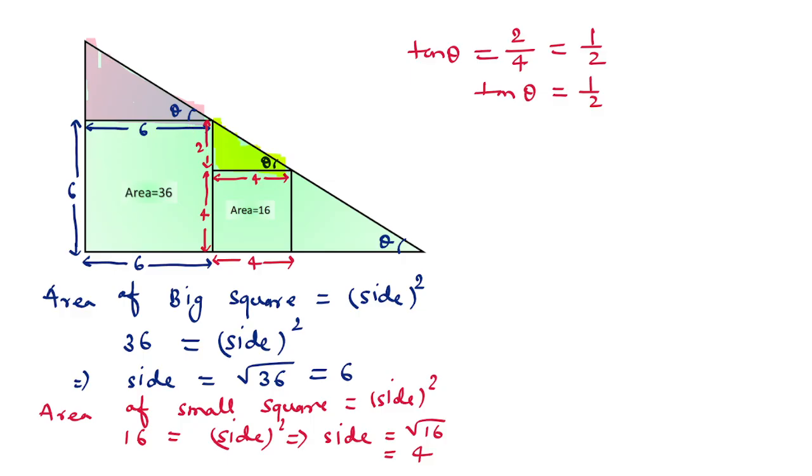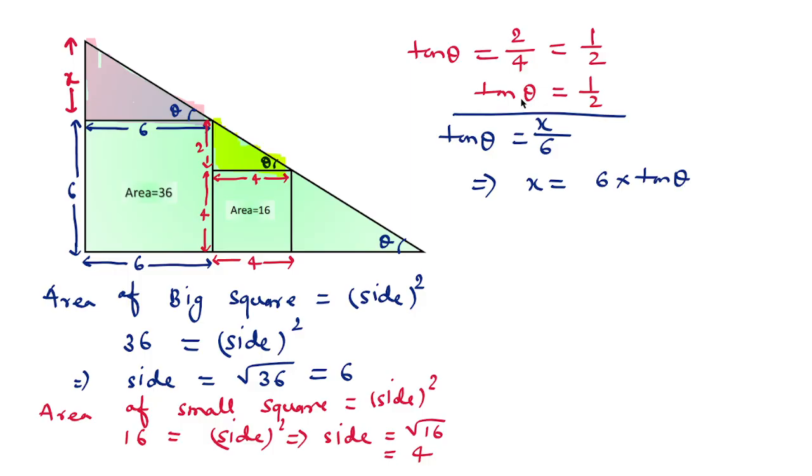If I consider this length as x unit, we can write tan theta is equal to perpendicular x and base 6 unit. So x is equal to 6 into tan theta, and we have already calculated tan theta, so 6 into 1 by 2, that means 3. So x is equal to 3 unit.